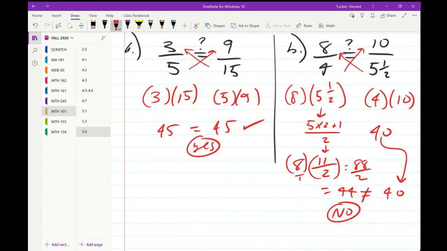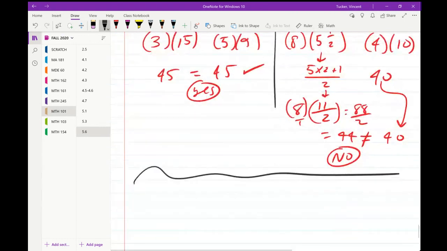All right, so before we look at the last type of problem that you may see, does anyone have any questions on anything? All right, so last thing we'll see in this section is to solve.